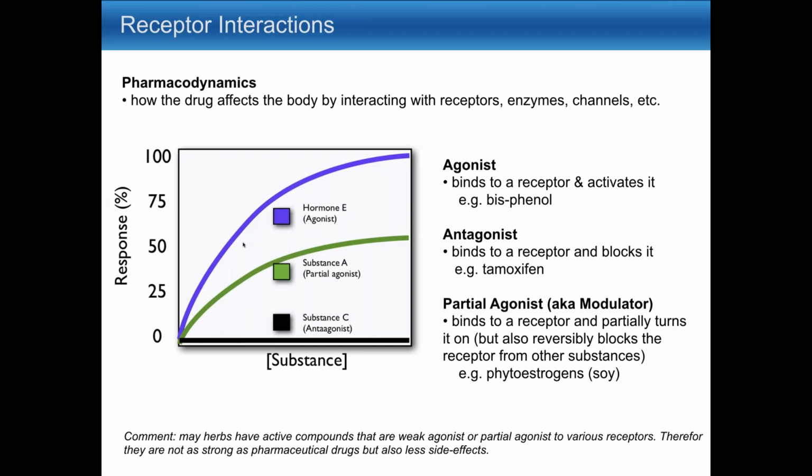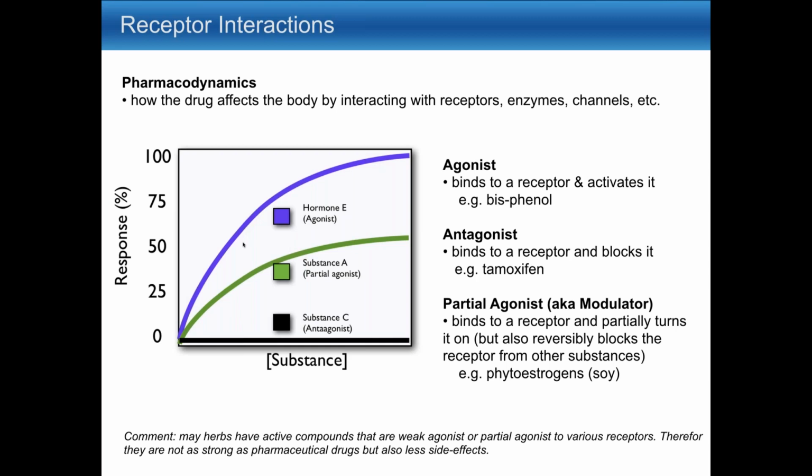So phytoestrogens, for example, the phytoestrogens in soy, in flax, in beer. Beer has hops, and hops has a flavonoid that has a phytoestrogenic effect. Most plant-based diets have a significant amount of phytoestrogens, and we know plant-based diets have been shown to lower the risk for breast cancer.